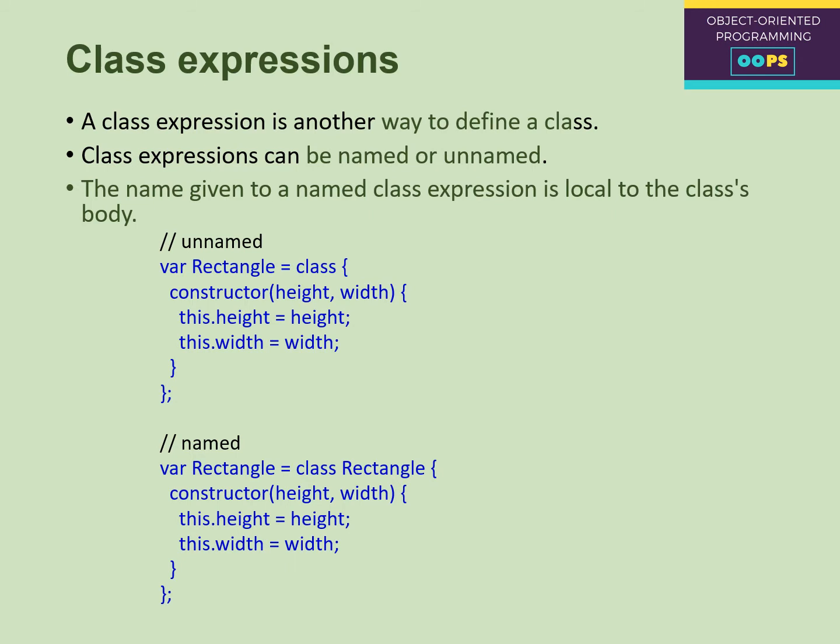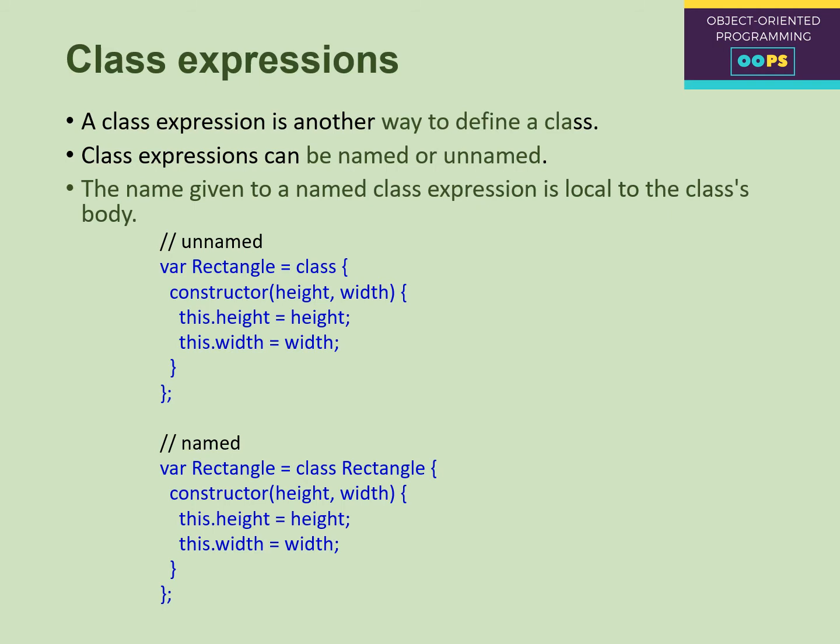Here we have code snippets for unnamed classes as well as named classes. Here we can see variable Rectangle equals class, and inside that constructor(height, width), this.height = height, this.width = width. So this expression is an unnamed class expression because class is not followed by a class name.